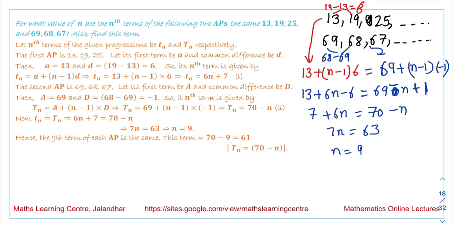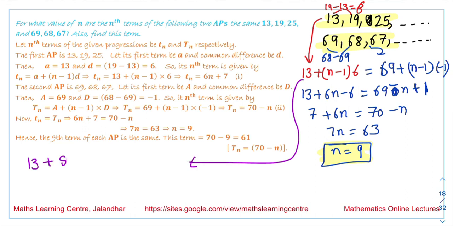So the value of n we get is 9. So what we get from this is that for the 9th term, both of these APs have the same term. Now we calculate this 9th term. So we substitute the value in any one of these. So it is 13 plus 8 into 6. So the answer we get is 13 plus 48, that is equal to 61.